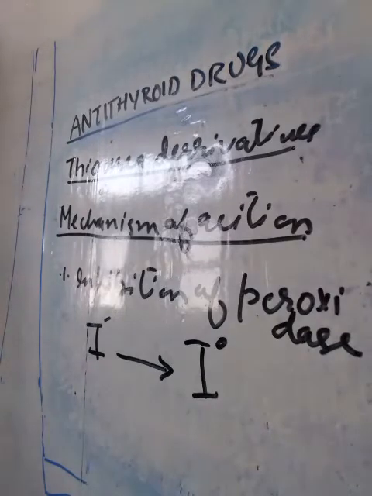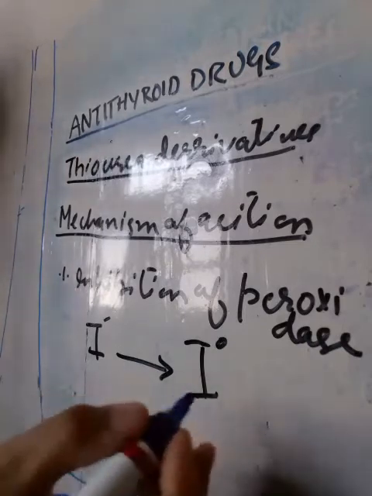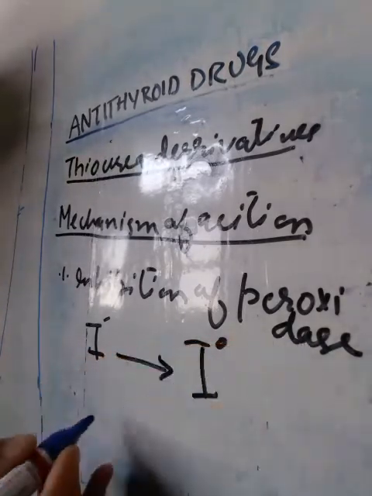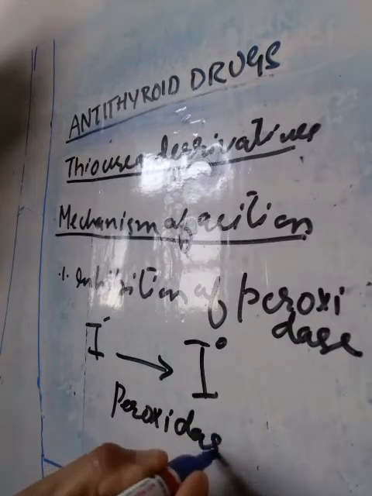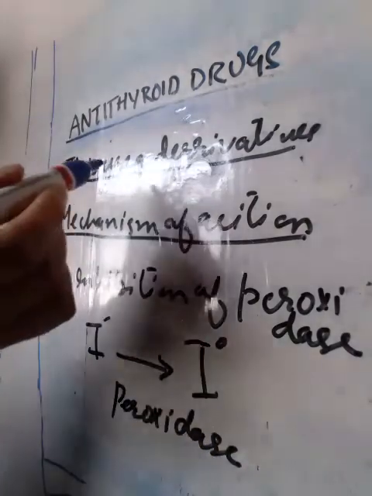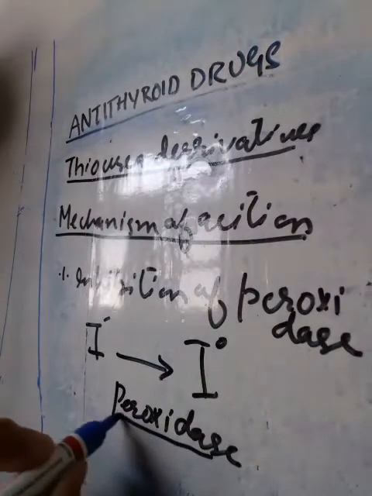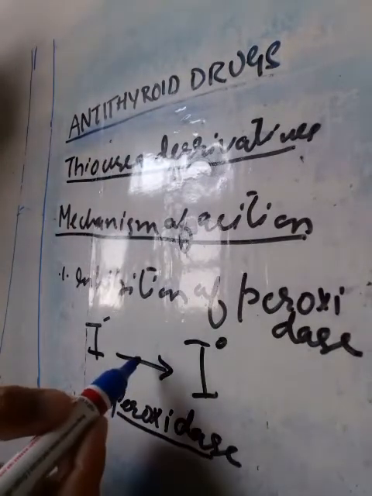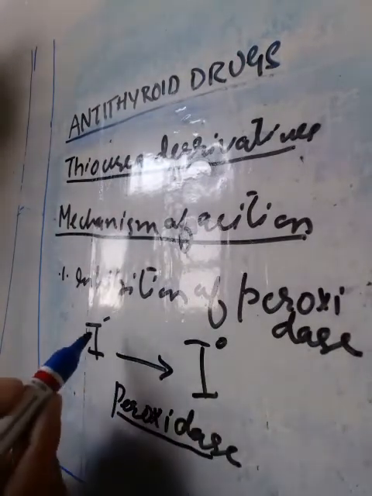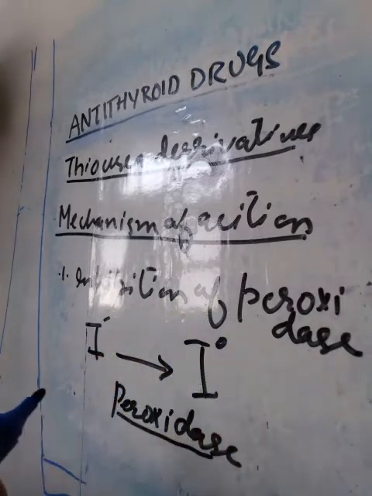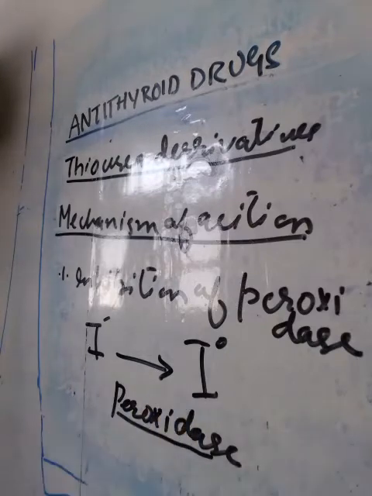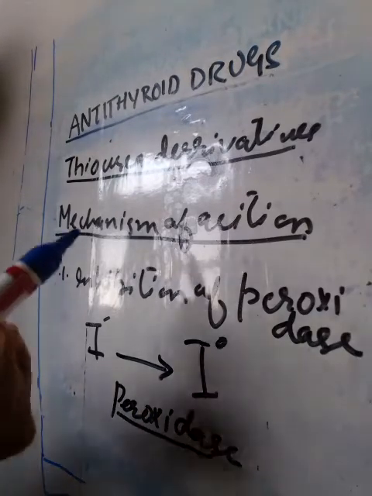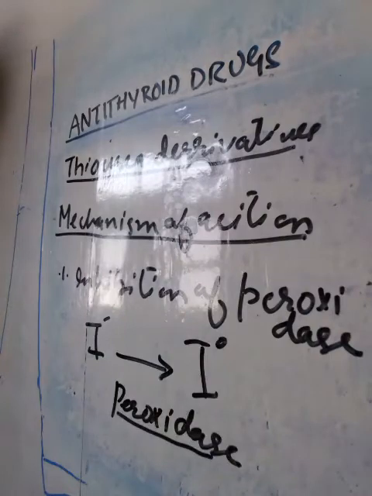That means anionic iodine gets converted into atomic iodine by an oxidation reaction which is catalyzed by peroxidase enzyme. These drugs cause inhibition of this very enzyme, hence stop this reaction. They inhibit the conversion of I negative into neutral iodine, which results in the inhibition of the synthesis of thyroxine hormone.